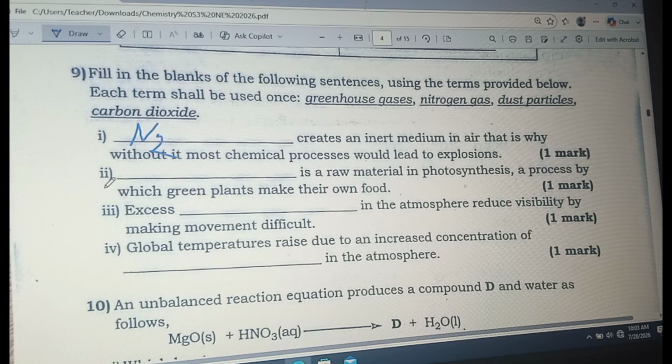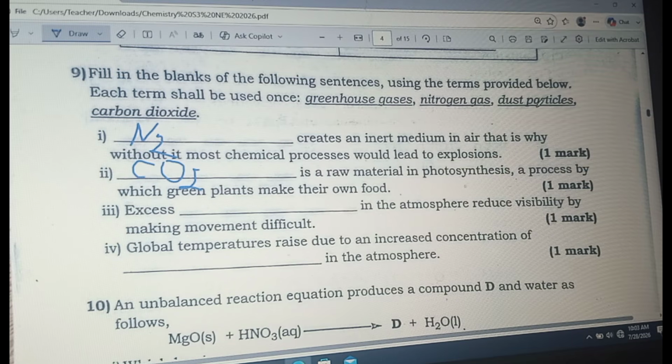Nitrogen gas. 2, dash dash is a raw material in photosynthesis, a process by which green plants make their own food. This one is carbon dioxide. 3, excess dash dash in the atmosphere reduces visibility by making movement difficult.